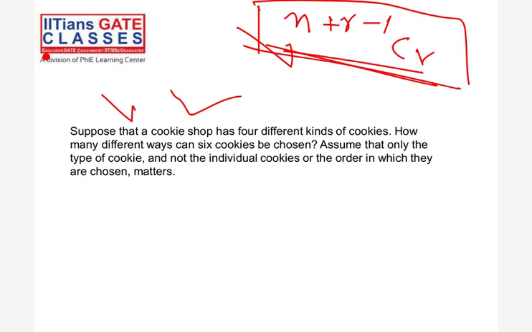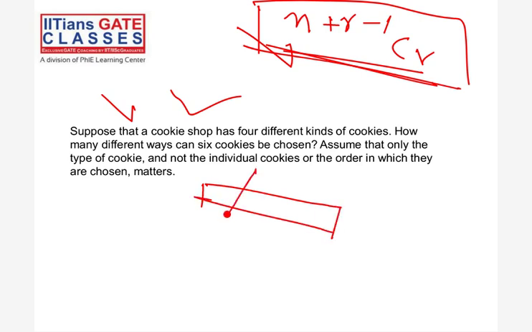You have the formula, so this is the formula I have written. Now try to solve this question. In this question, he is saying that you have four different kinds of cookies.